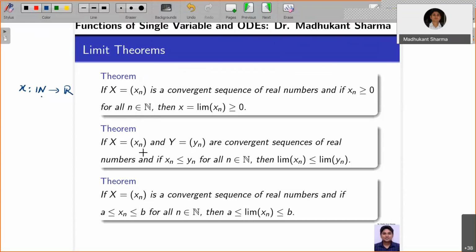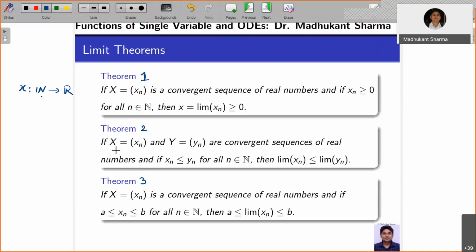For this you can say theorem 1, theorem 2, theorem 3. If theorem 1 holds true, then we can show that theorem 2 and theorem 3 are nothing but corollaries of it. Suppose I look at theorem 2.